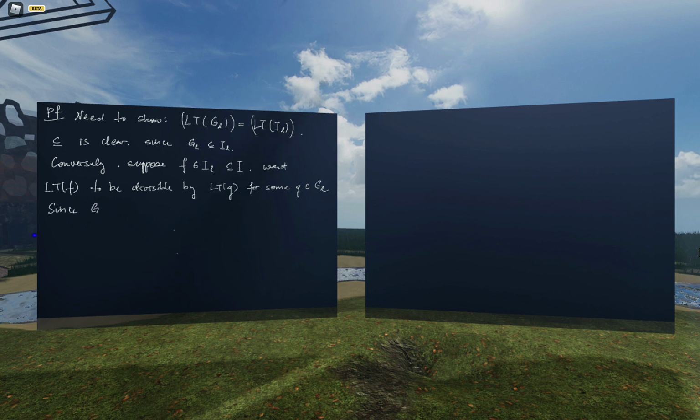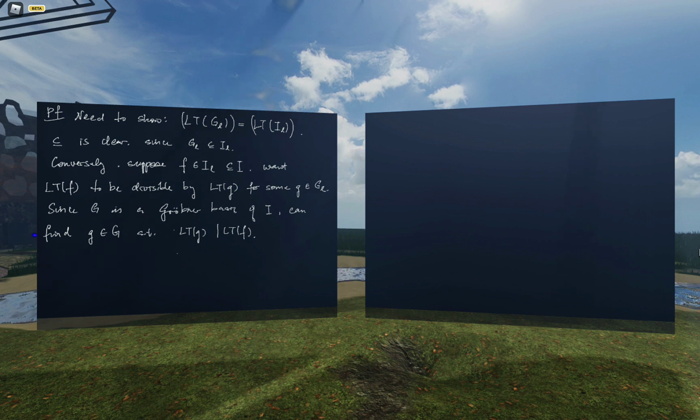Since G is a Grobner basis of I, be careful here because there's multiple different ideals floating around, we can find g, just some element of G, such that LT(g) divides LT(F).